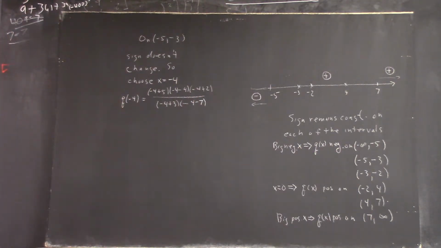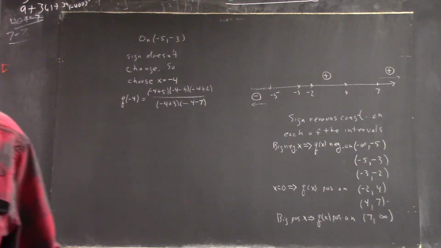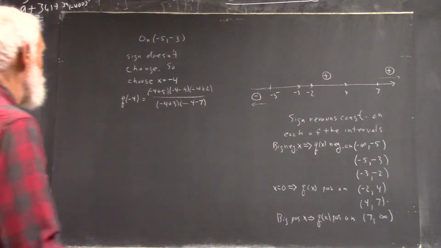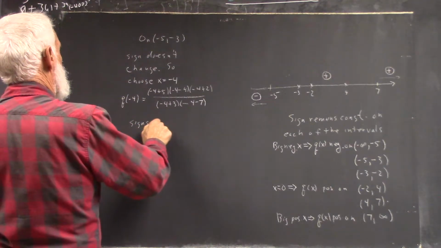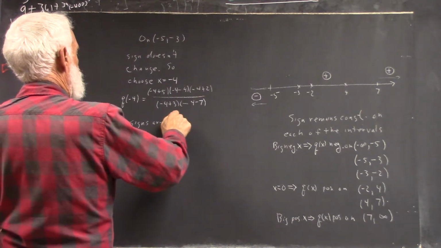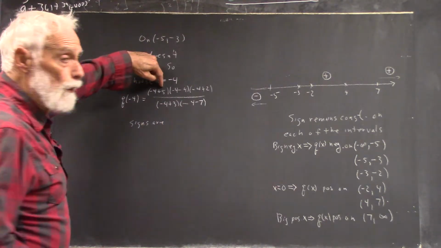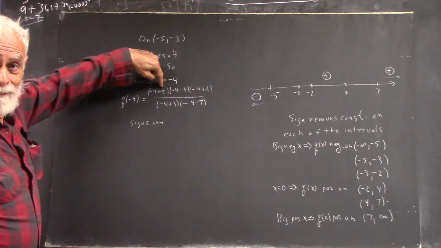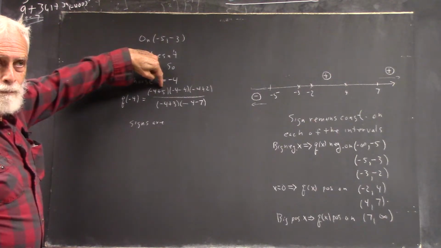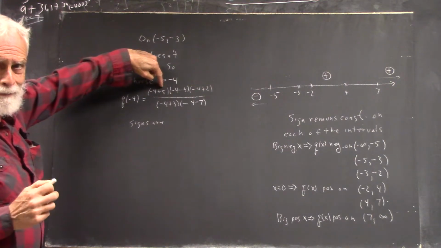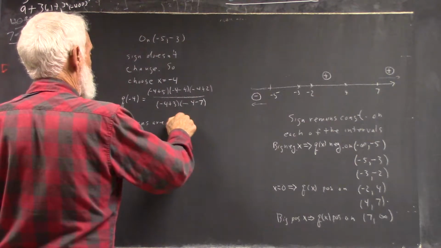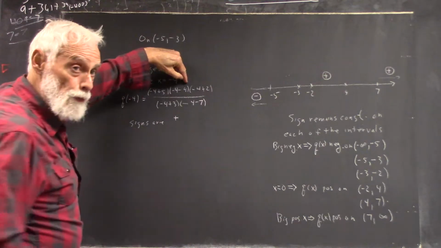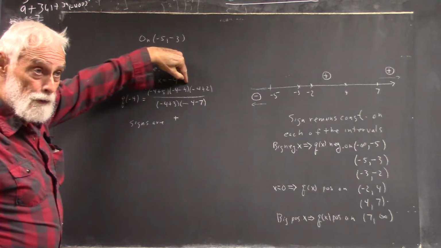Now, we don't care about the numbers, we just care about their signs. What's the sign of negative 4 plus 5? It's either a plus or a minus. Positive. Positive, right? Negative 4 minus 4, positive or negative?